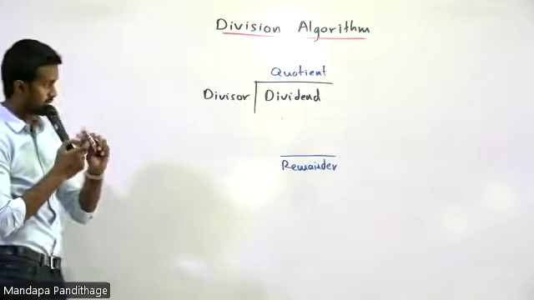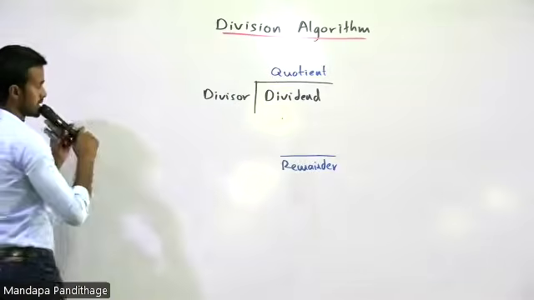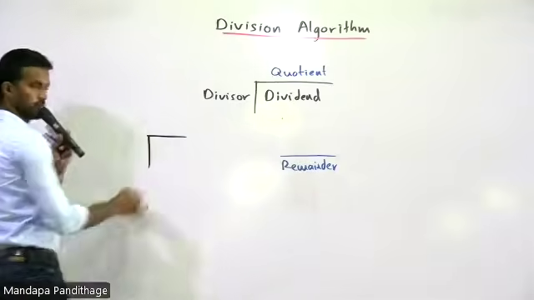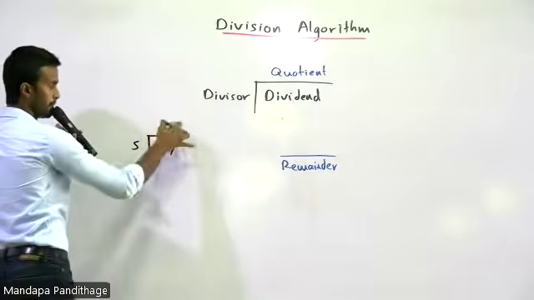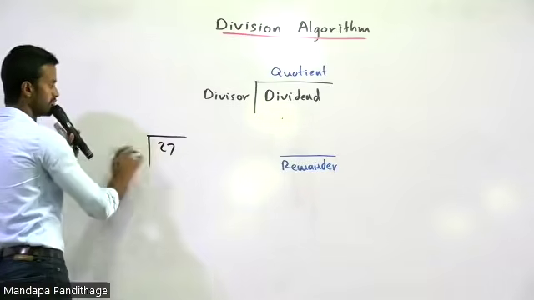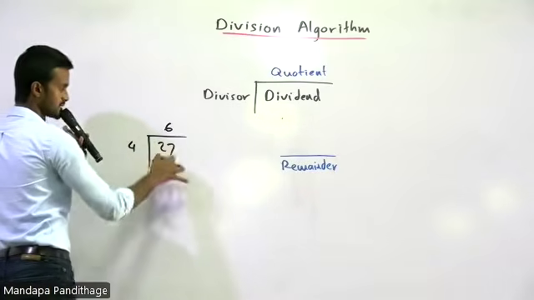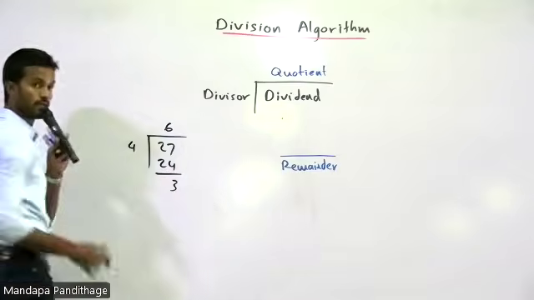Okay. So if I consider a normal simple division, if we divide 27 by 4, it's 6 and 3 is remaining.